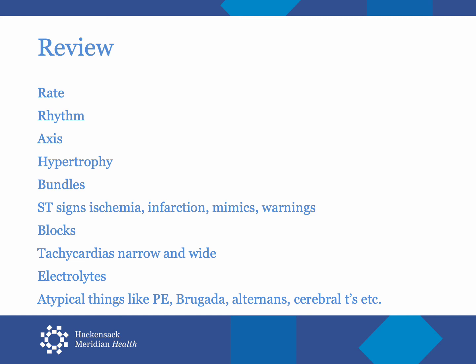Certain electrolyte abnormalities need to be recognized immediately, such as hyperkalemia, because they can degenerate fast. And finally, notice some unusual things. Recognize the PE if you can in the appropriate setting. Learn to be suspicious of an atypical right bundle branch block. It may be Brugada. Look for electrical alternans and any of the other things we've discussed.